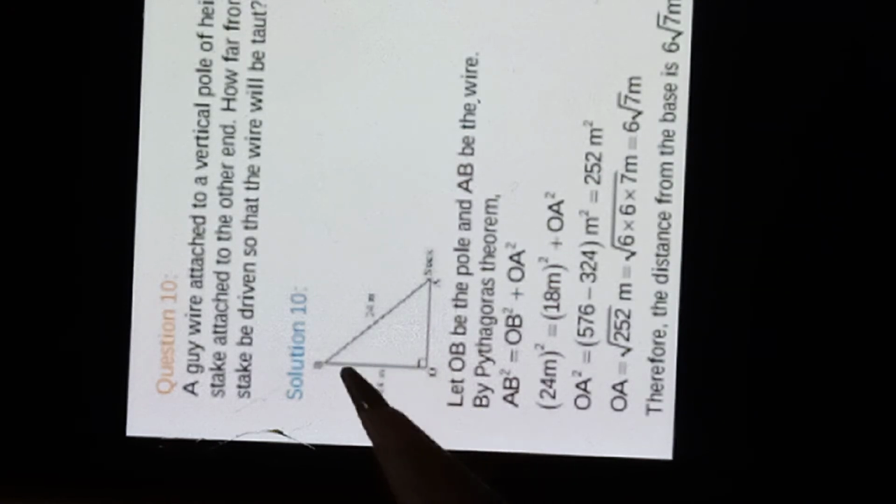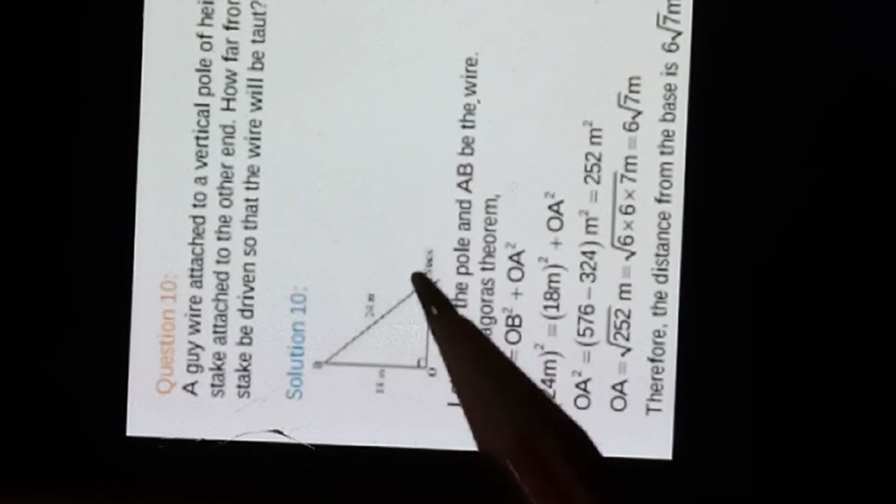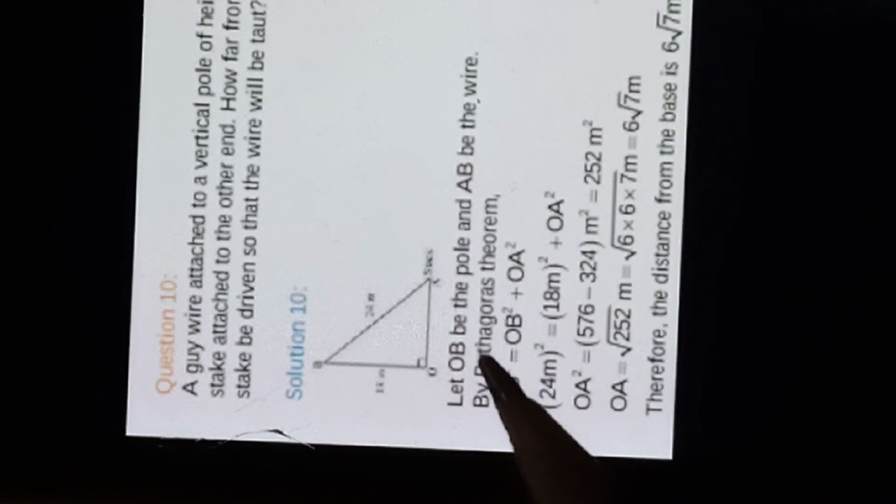So naturally the angle between the vertical pole and the ground is always a right angle. So again we have a right angle triangle here in which Pythagoras theorem can be applied, right? So we would say here that if OB is your pole, AB is the wire, then by Pythagoras theorem, this wire corresponds to the hypotenuse.